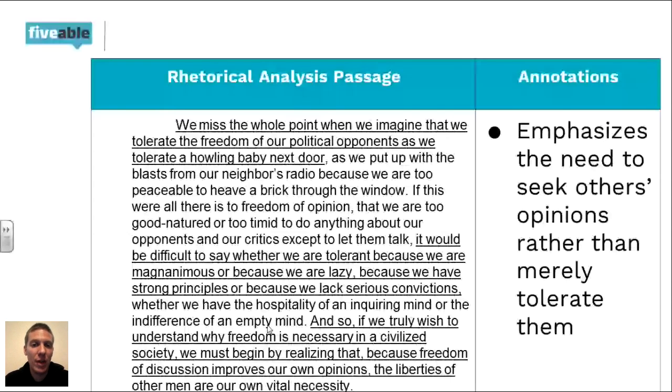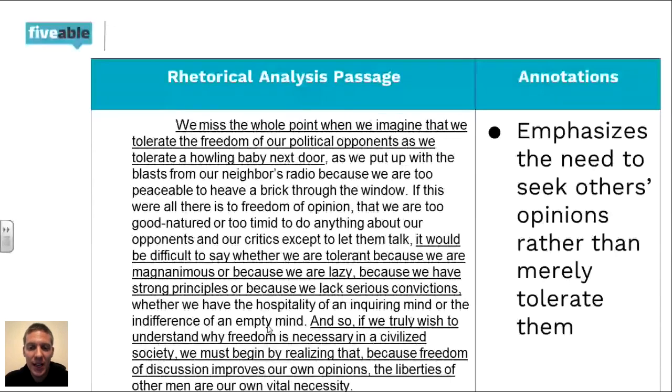If this were all there is to freedom of opinion, let's keep reading, that we are too good-natured or too timid to do anything about our opponents and our critics except to let them talk, it would be difficult to say, and this is a very hit you in the face type of sentence, it would be difficult to say whether we are tolerant because we are magnanimous or because we are lazy, because we have strong principles, or because we lack serious convictions, whether we have the hospitality of an inquiring mind or the indifference of an empty mind.